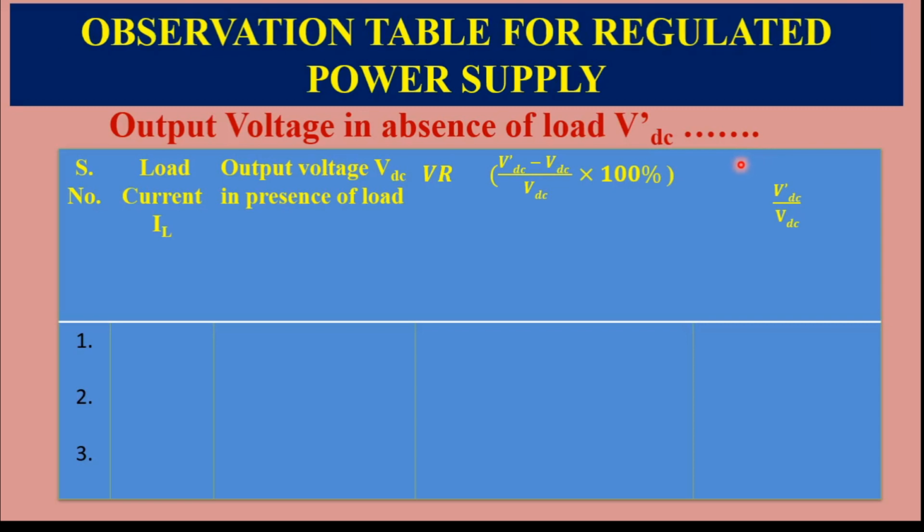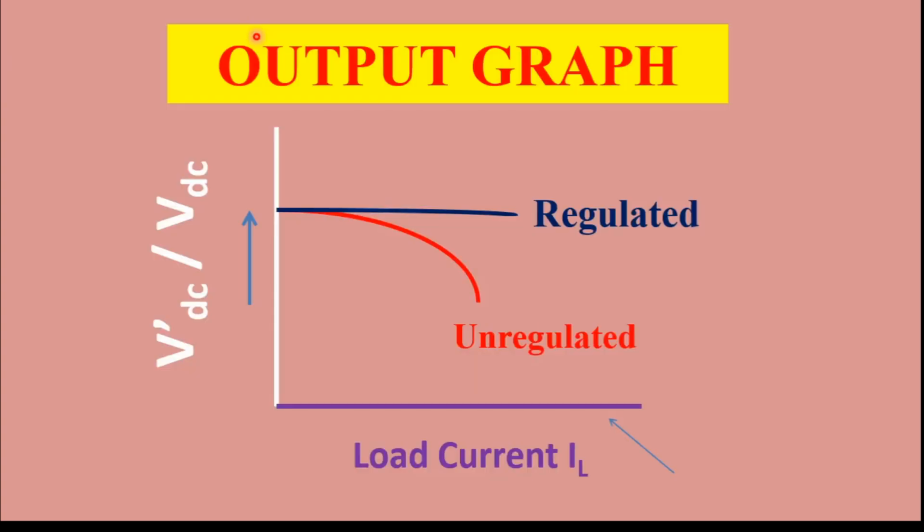The same observation table is made for regulated power supply. In this section the output voltage in the absence of load is recorded. Now the load current I_L and output voltage V_DC in the presence of load are recorded, and then by using the formula of voltage regulation we can calculate voltage regulation and the ratio of V'_DC upon V_DC. A graph is plotted between the ratio of V'_DC and V_DC and load current.